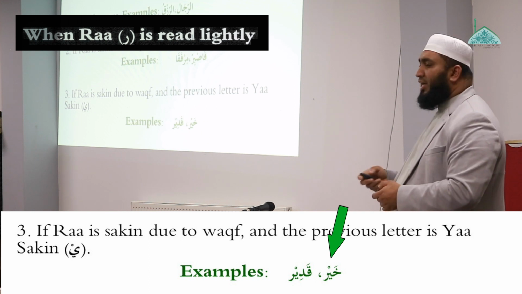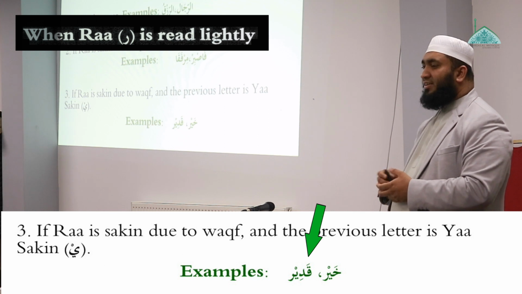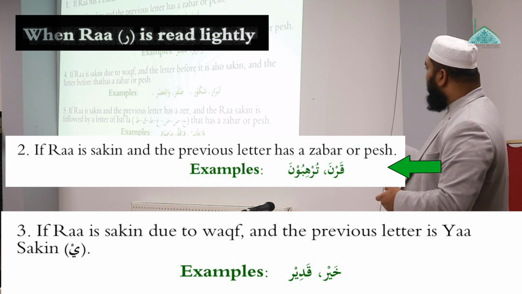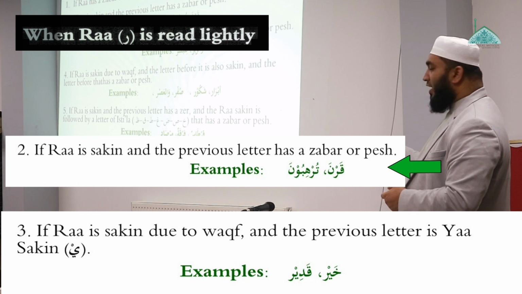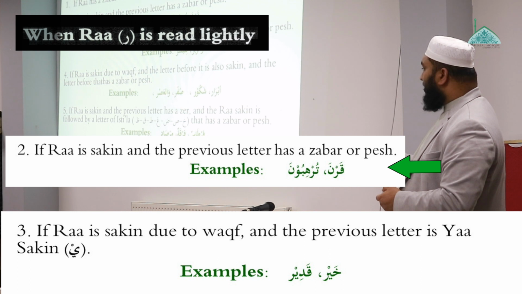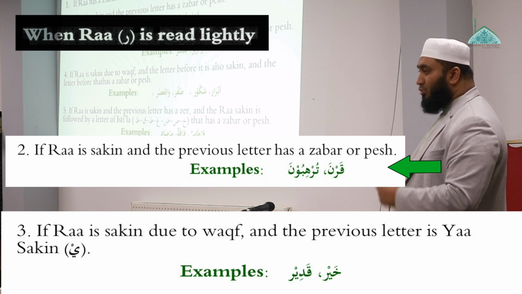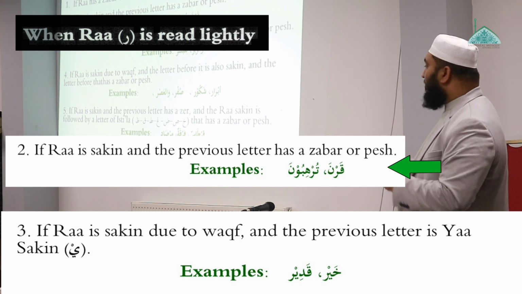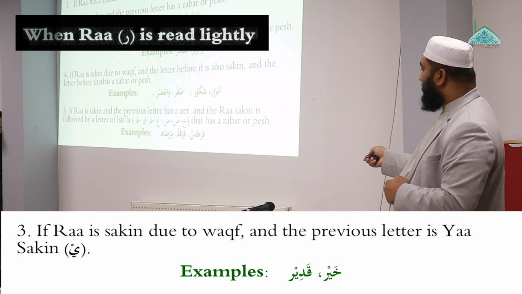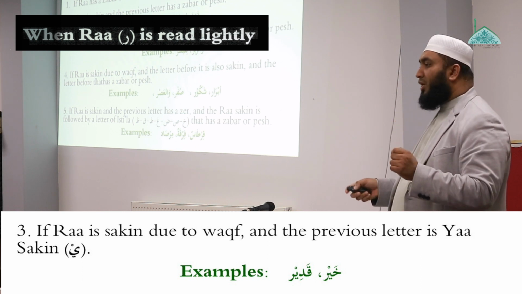Example, Qadir, Khair. Now, again look at the example here. For this one, we said if Ra is sakin, the letter before is sakin, the letter before it has a zabar, Ra would be heavy. However, the only rule we'll find is that if the letter just before the Ra is a Ya sakin, then Ra will not be heavy.